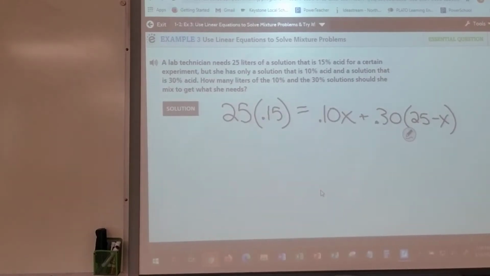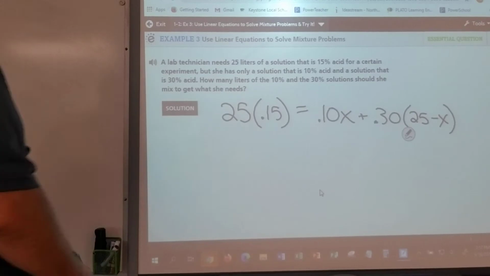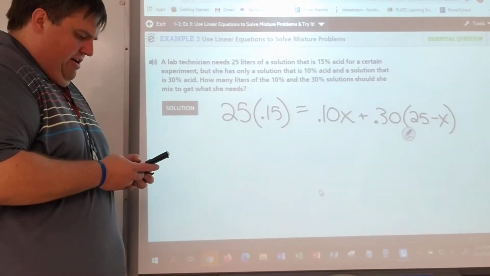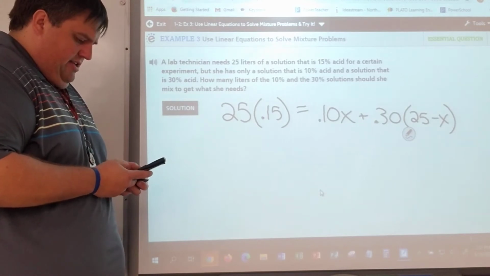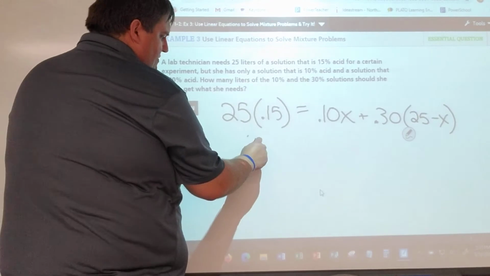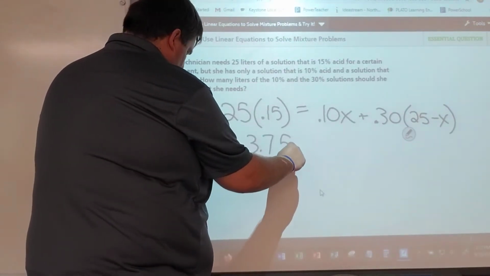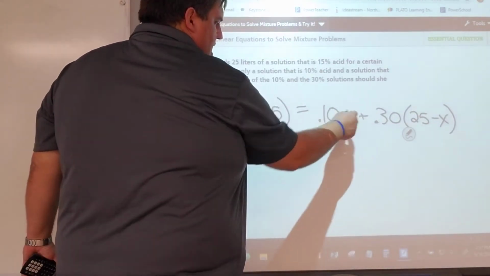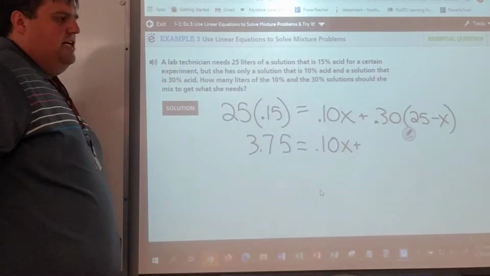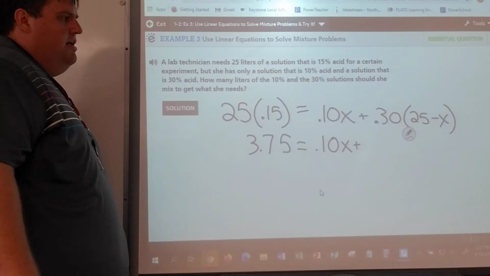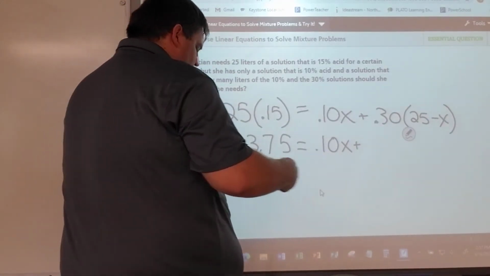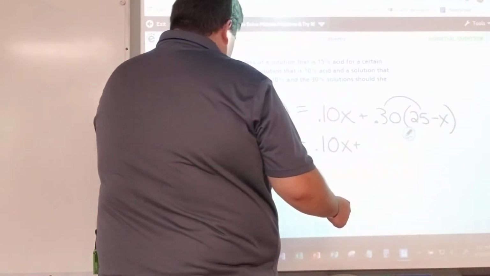My calculator ran out of batteries, so I had to grab this other one. So we're just going to do a little bit of math. This 25, 15% of 25 is 3.75 over here. And then we don't do anything with 0.10x, but this looks like distributive property on this side. So we're going to do 0.30 times 25, and that's going to give us 7.5.